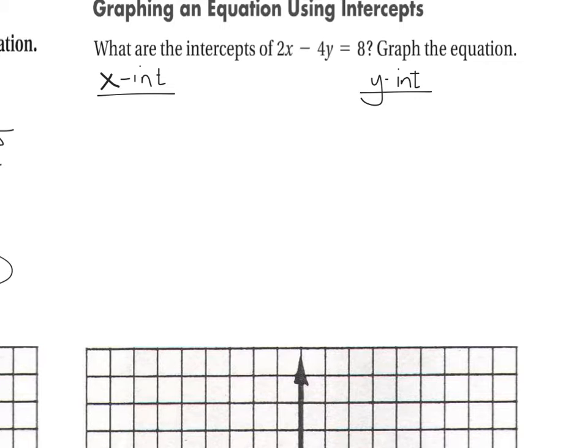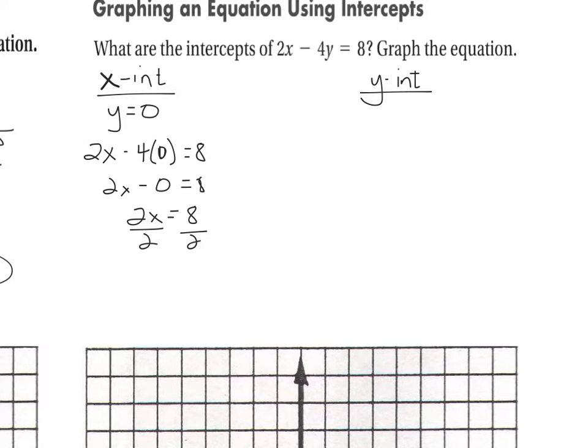Again, for the x-intercept, y is going to be 0. If I put 0 in for y, it's 2x minus 4 times 0 equals 8. So it's 2x minus 0 equals 8, and I don't need the 0, so it's really just 2x equals 8. I'm going to divide by 2, and x is going to be 4.